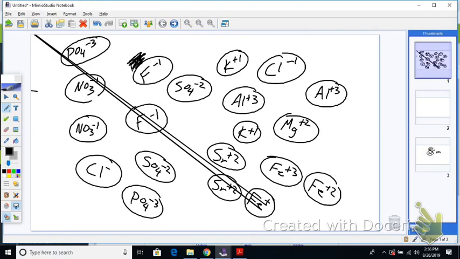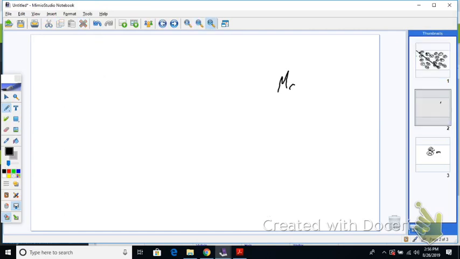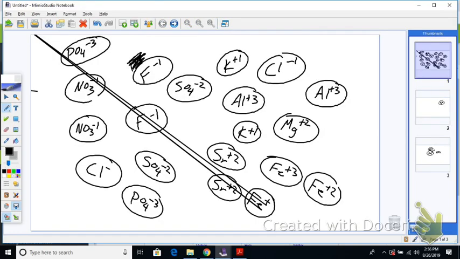Kobe, give me 2 you want to put together. Magnesium. Okay, so we're going to take magnesium and one other one. PO4. Okay, PO4.